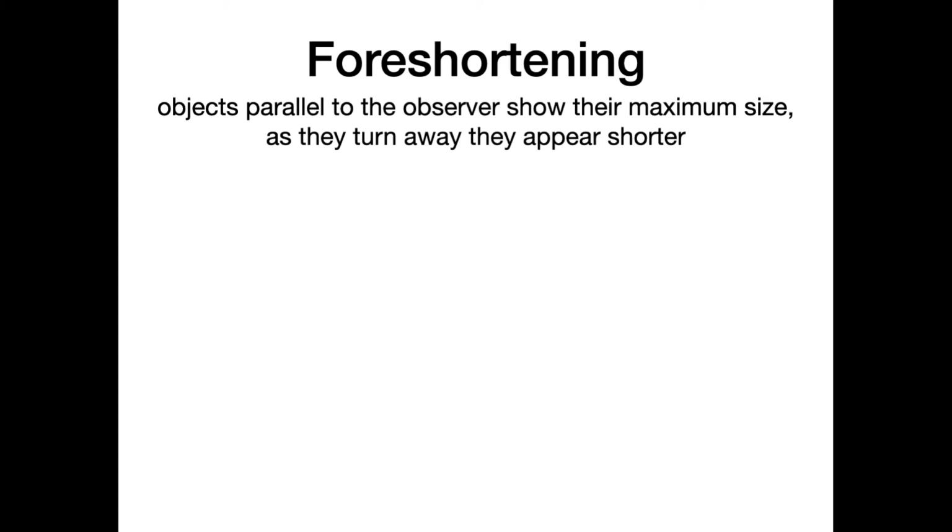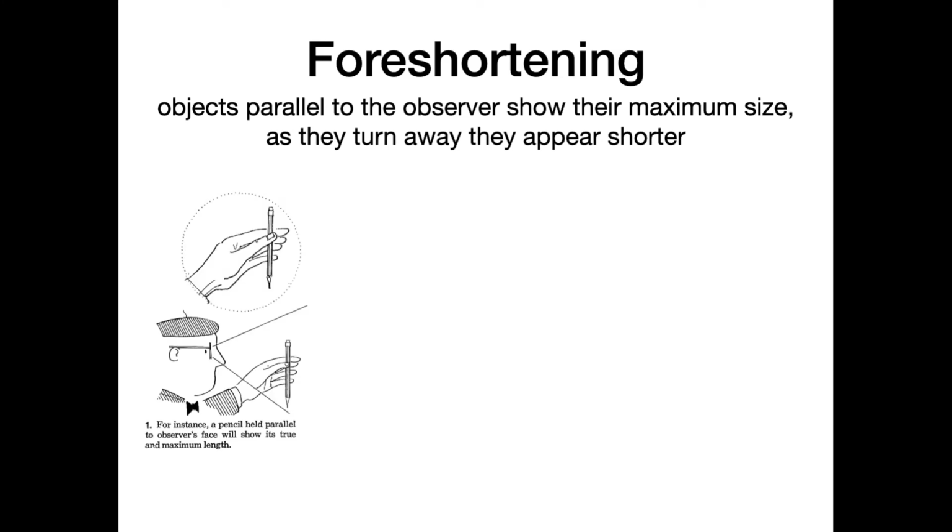Foreshortening. Another term you may have heard: objects parallel to you show their maximum size, and as they turn away from you, they appear shorter. This pencil, for example, as he holds it parallel to his face, shows its full length. You can see that is the height of the pencil.